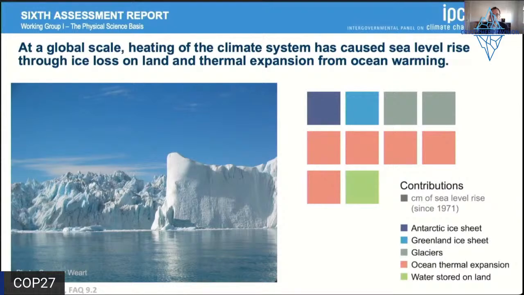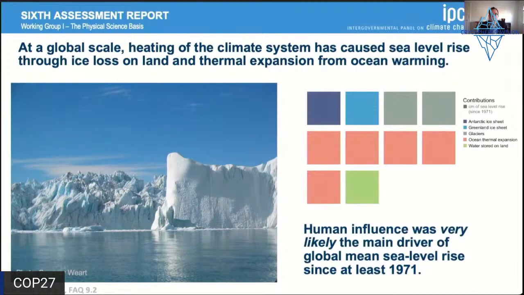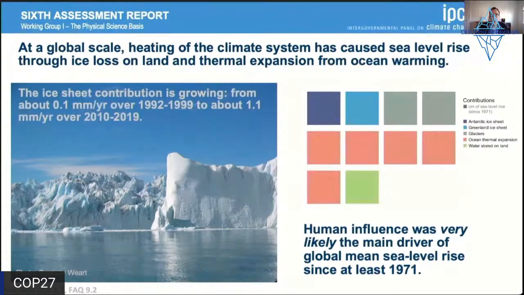The Greenland ice sheet. Loss of ice from Greenland and Antarctica.